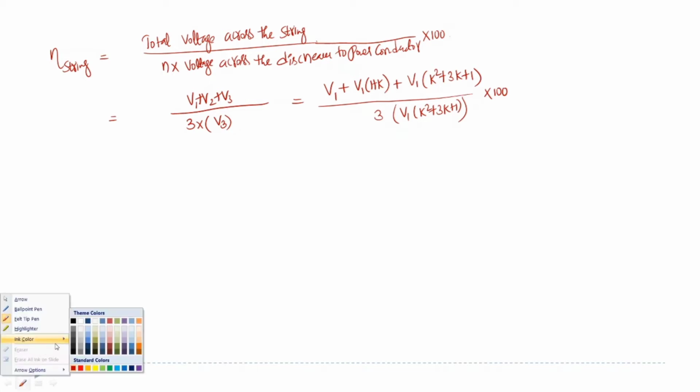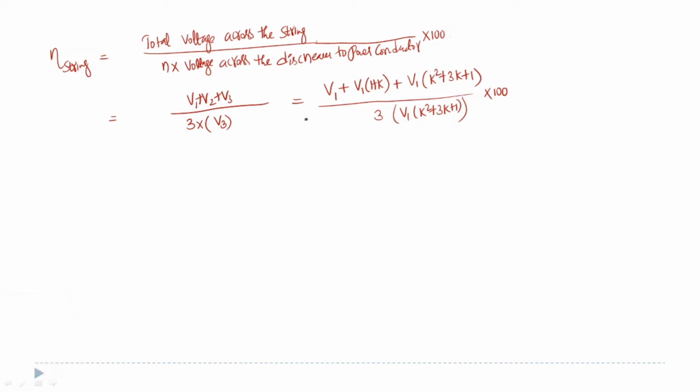In both the numerator and denominator, you have V1 as common in each and every term, so I can cancel V1. If you take V1 as common, you get 1 plus K plus K square plus 3K plus 1, total divided by 3K square plus 9K plus 3.